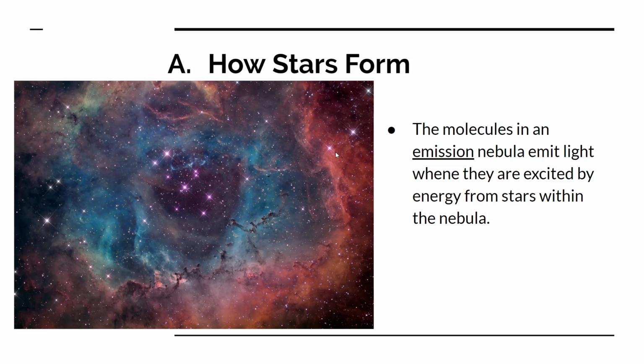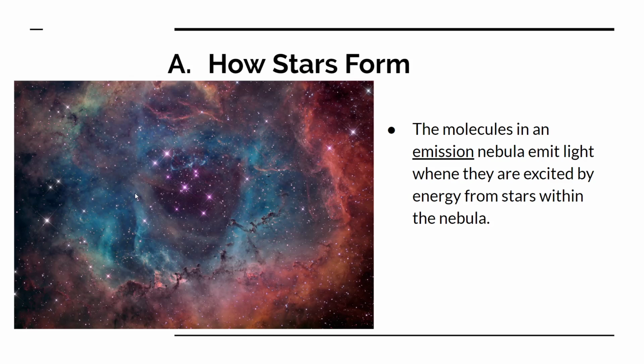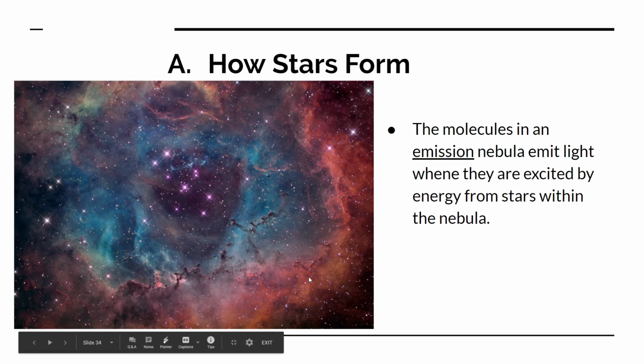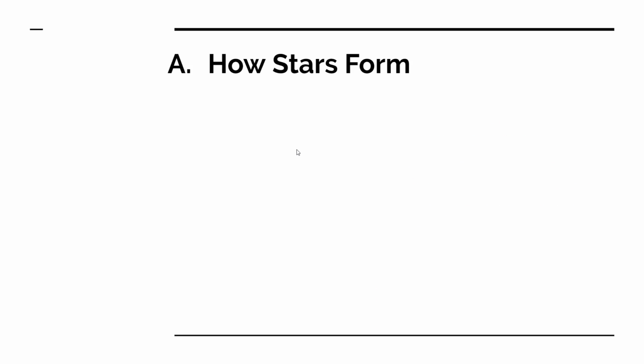So the reason why this gas is pink and blue in here is because the atoms that they're made of are getting hit by this starlight, absorbing certain colors, and then that gas is releasing those colors back out. So that's why we get these different layers of gas, because this dust and gas must be made up of something different than this blue part. I think this picture is so cool. It looks like an eyeball. It's really cool.